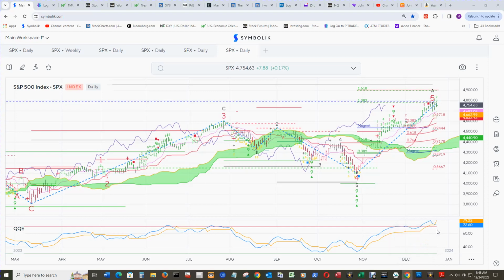There were plenty of instances where the fast QQE was under the overbought 70, and also the slow, and then the slow went above the fast and above the overbought 70 and had a crossover above the fast like that, but it has never happened like this before above the overbought 70, this crossover.